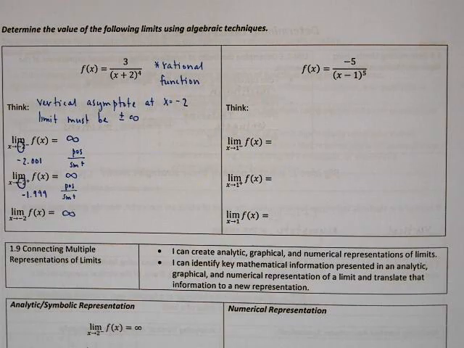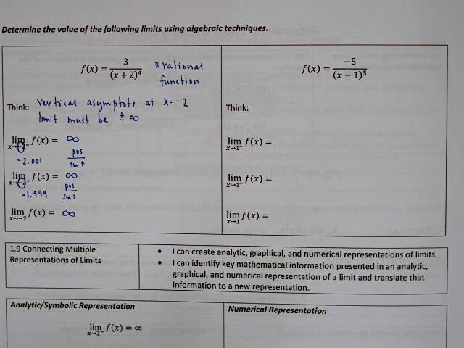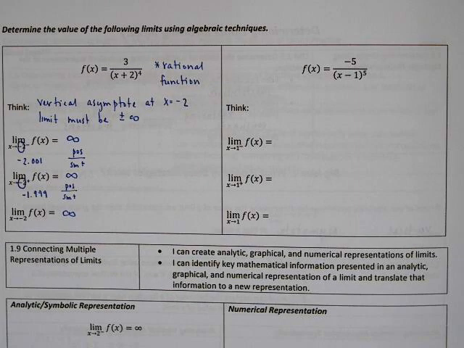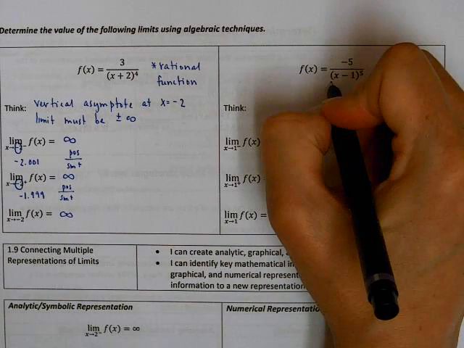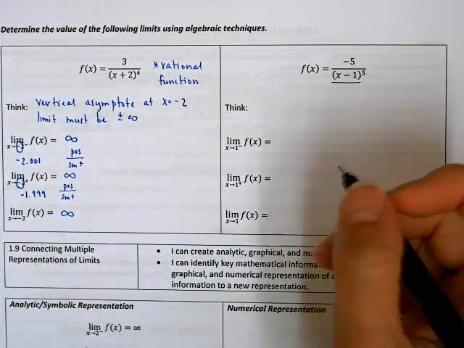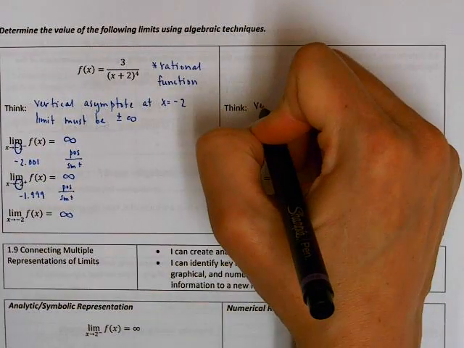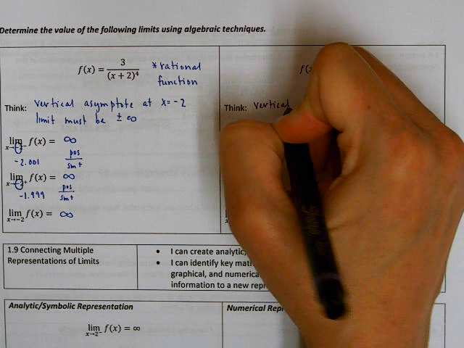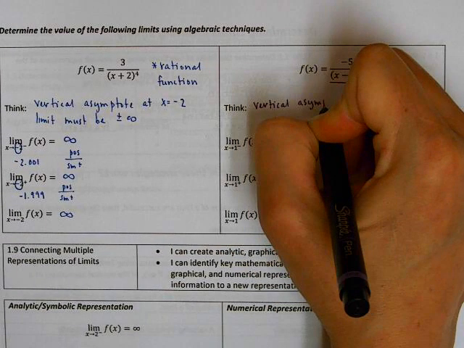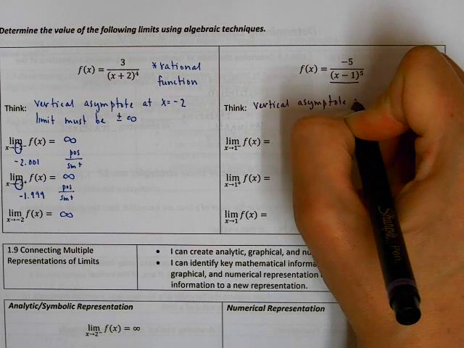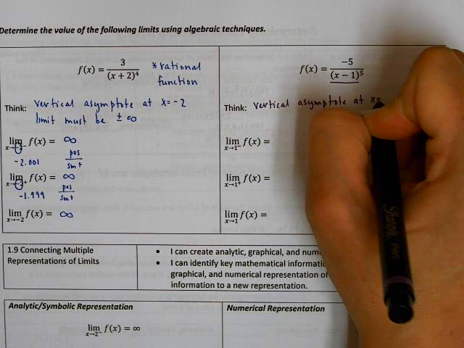All right, let's look at this one. So now I've got -5 over x minus 1 to the 5th. So when I'm looking at my denominator, again, I'm focusing down here. I know that there's going to be a vertical asymptote at x equals 1.